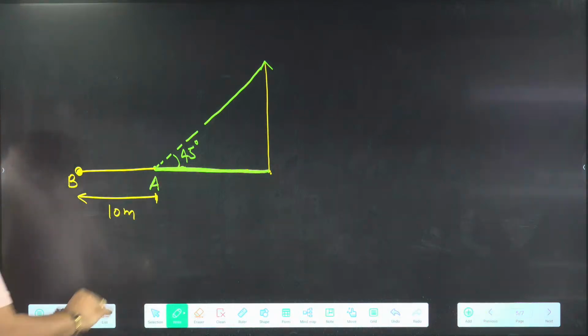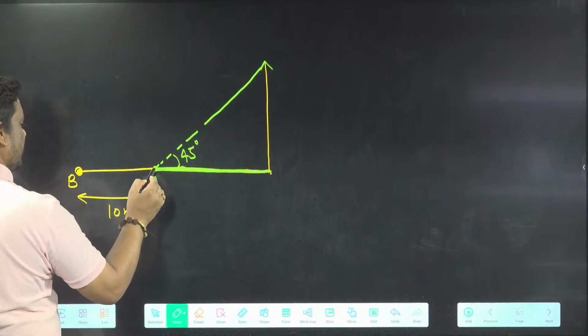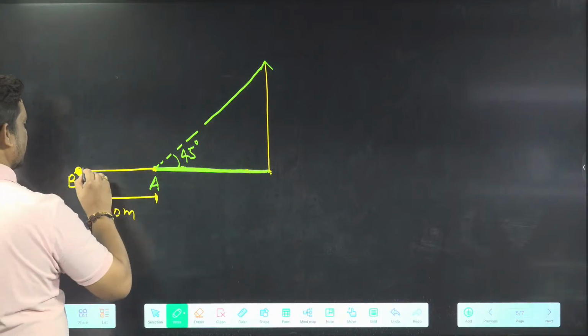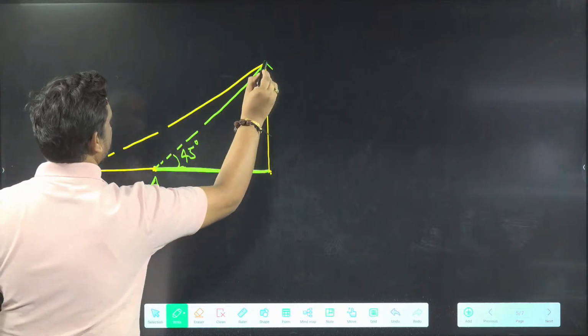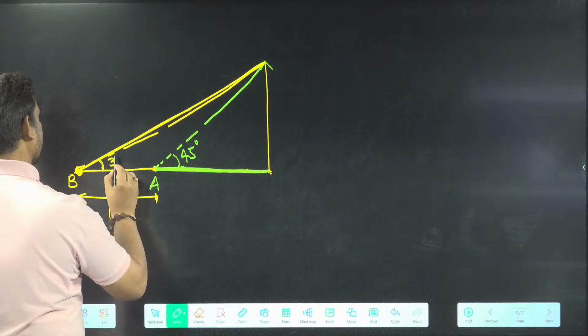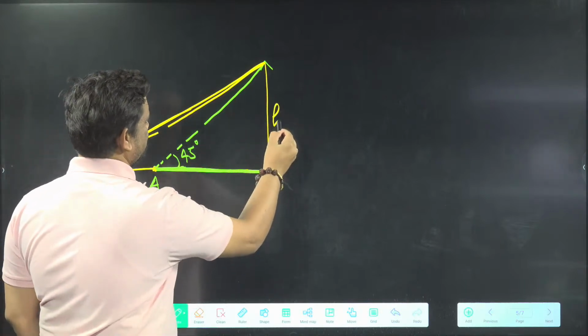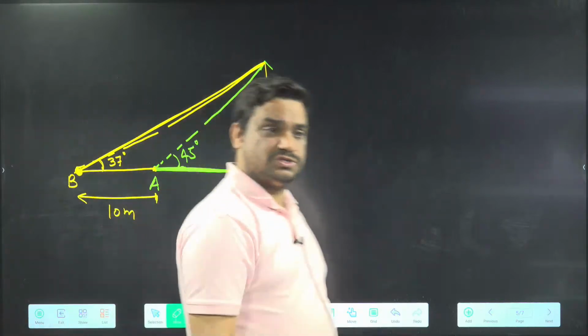This one is not given, this one is only given. When from A to B it moves by 10 meter, then it subtends this angle, which is 37 degree. They are asking find height of tower. This is h. I hope you got the question.